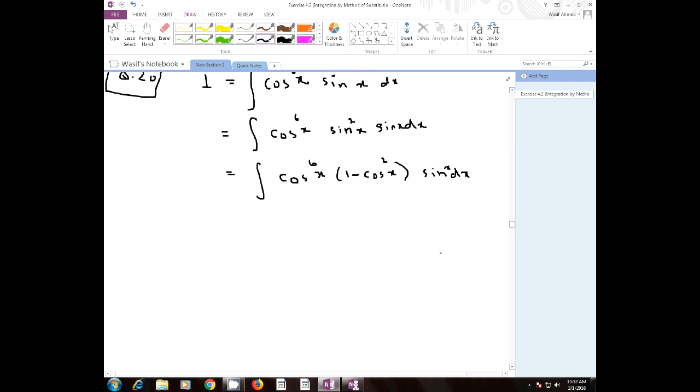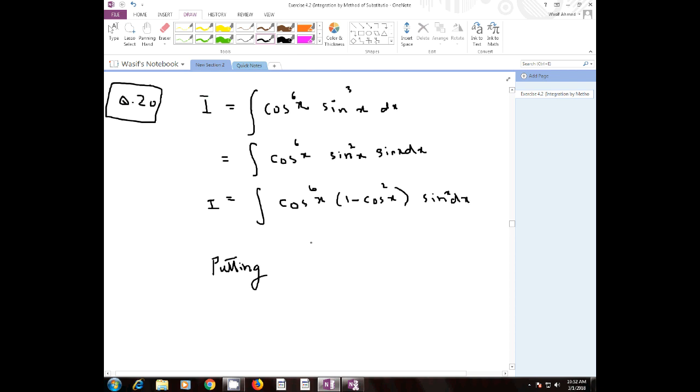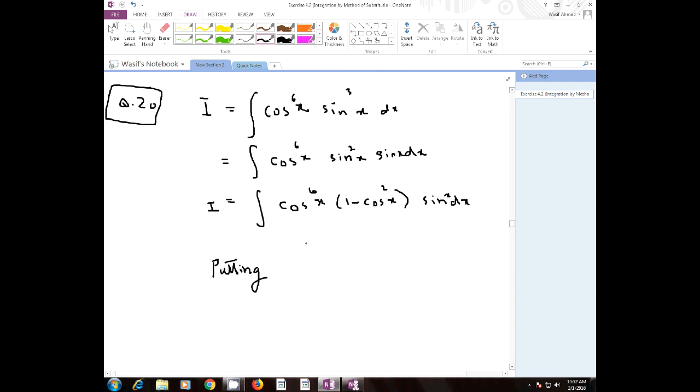Next you have to put cos x equal to some other variable. This simple question can be solved with many techniques. I will seek the simplest technique for you.